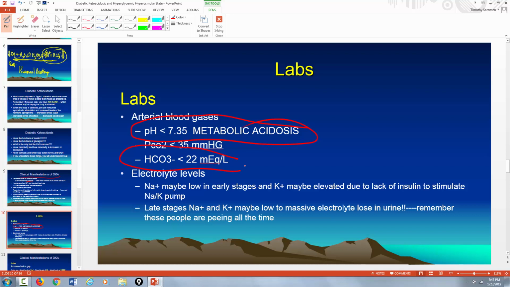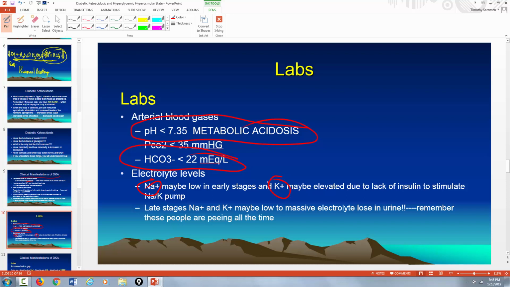And their bicarbonate is going to be lower than normal because the bicarbonate is going to be grabbing those hydrogen ions made by those keto acids. And then again, in the early stages of DKA, you may have a low sodium and they may have an elevated potassium due to the inability to stimulate that sodium-potassium pump by insulin.